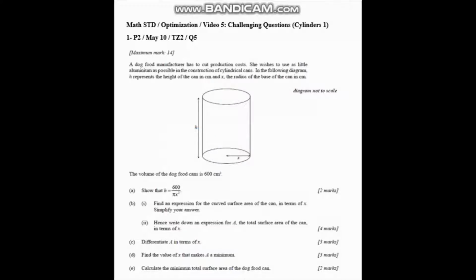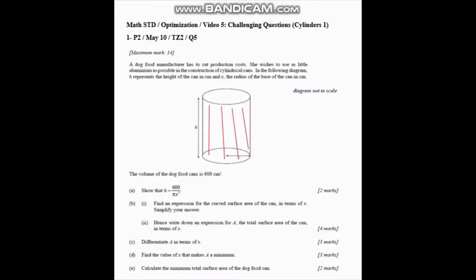So in order to find this area, I should conceptualize or visualize trying to paint this area. So I'm going to paint the curved part of the cylinder as per these lines right there. I'm going to color this part of the cylinder right there all the way around.